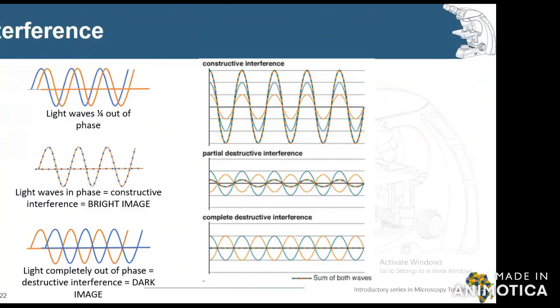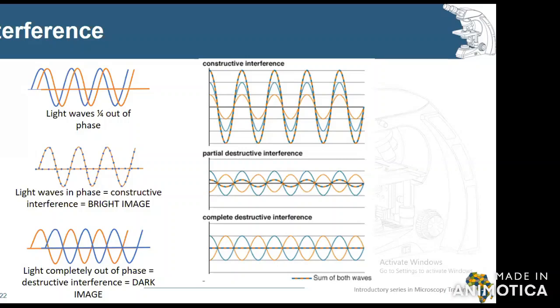Now, interference is another property of light. When wavelengths of light are in phase, or let me say they are aligned, the resulting amplitude is going to be a constructive interference, and that is what brings about bright imaging.